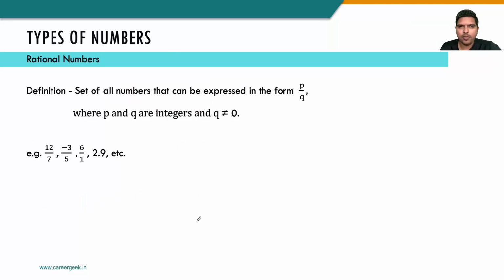Okay, next important definition is rational numbers. The definition is the set of all numbers that can be expressed in the form of P upon Q, where P and Q are integers. That means they can be positive as well as negative, but with a condition that the denominator cannot be equal to 0.